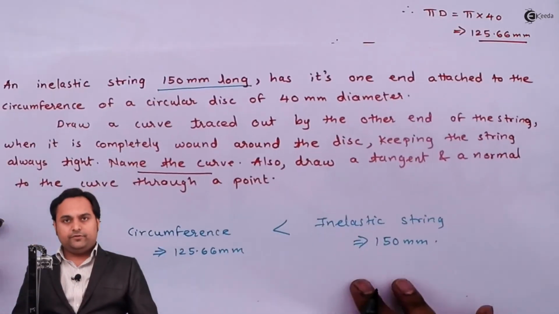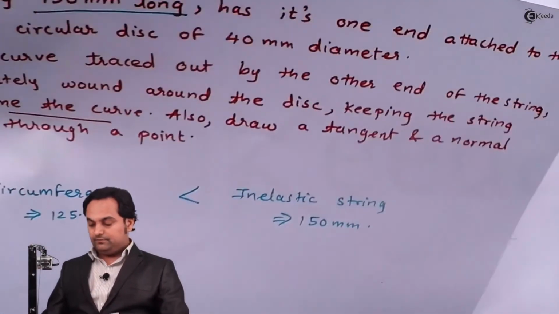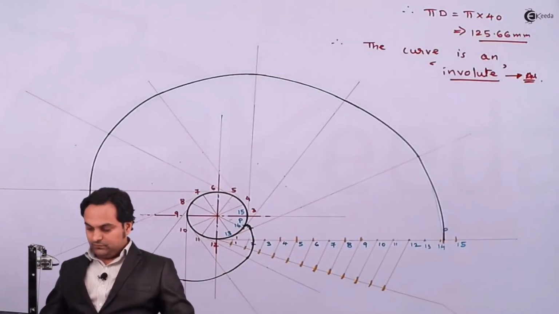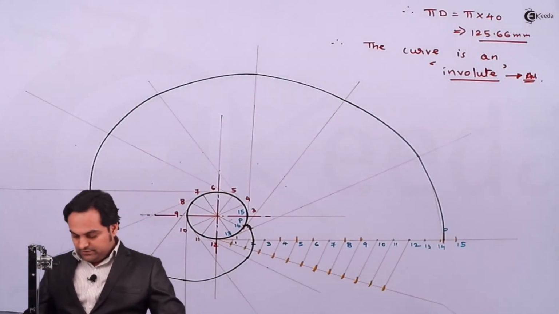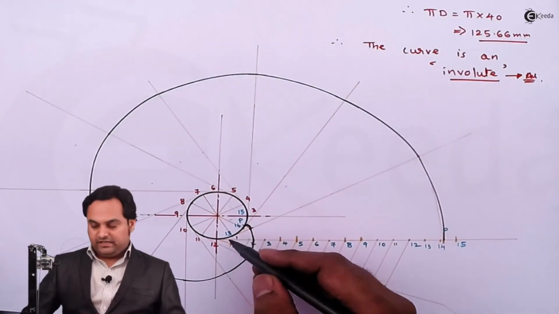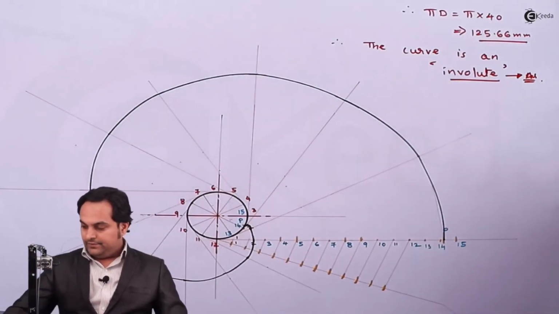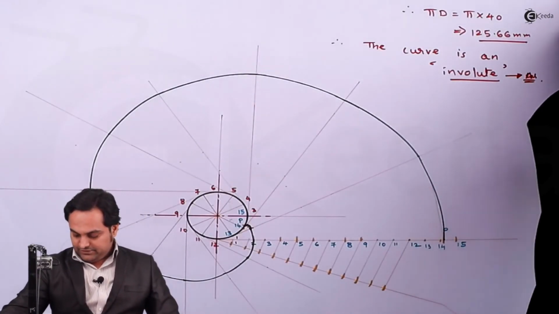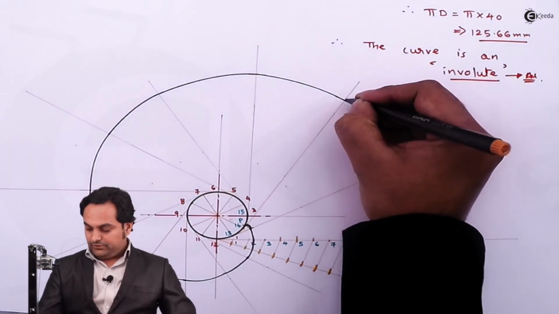After that, it was also given, also draw a tangent and normal to the curve through a point. So how to do that? Here in this case, I'm having this tangent which is in contact with the circle. So this I'll treat as a normal, and here I'll draw the tangent through this particular point.